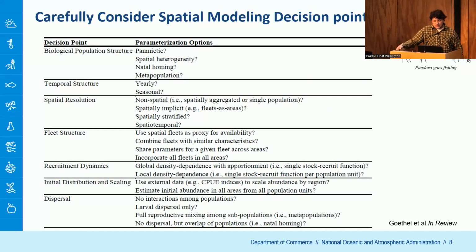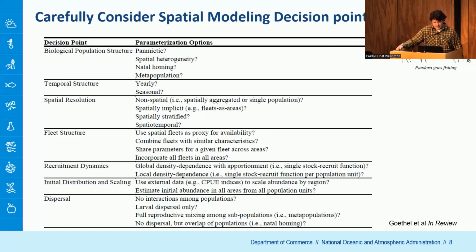The temporal structure, the resolution. We talked a little bit about fine scale spatiotemporal models and how those interact with larger scale assessment area models. Fleet structure, that's going to come back in a few minutes when I talk about the spatial experiment, but of course, that's important.